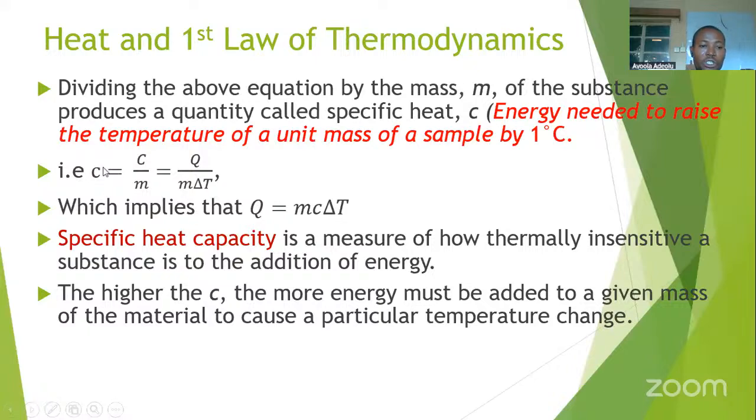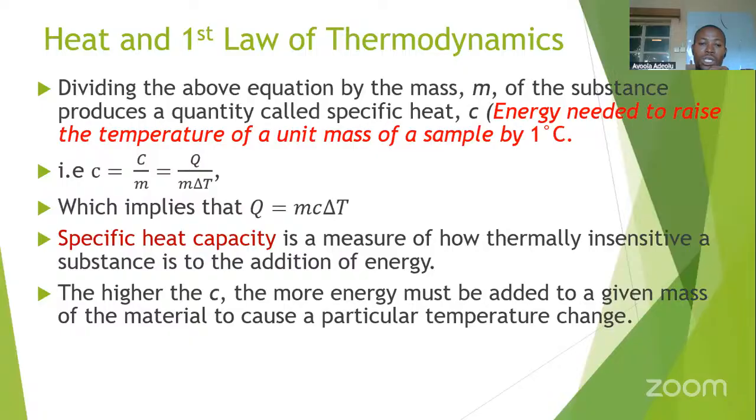So small c is equal to Q over M delta T. When I cross multiply, it will be Q is equal to M c delta T. That's why you have this formula.